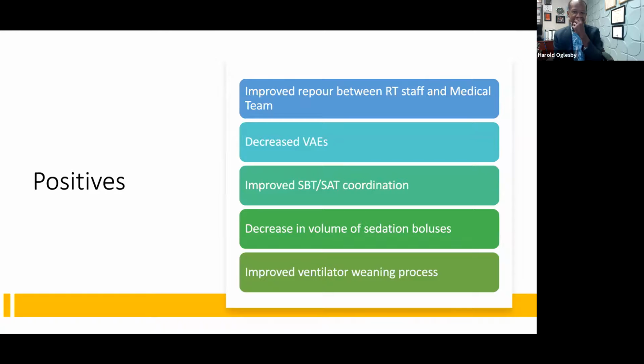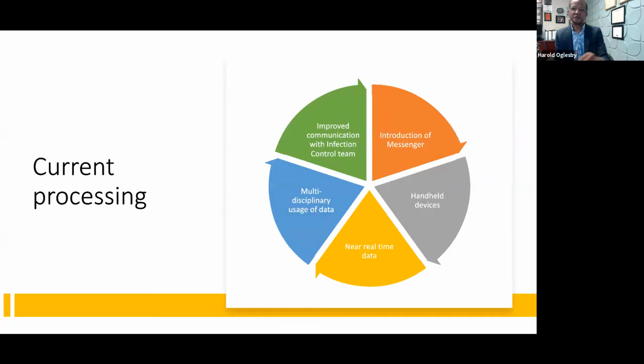And again, I can't tell you all how much it improved the coordination through the multidisciplinary team in a very good way, just by using the software and putting it into folks' hands that could actually benefit from it. And the number one thing was the fact that it improved our patient care. Our focus is always doing what's best for our patients.